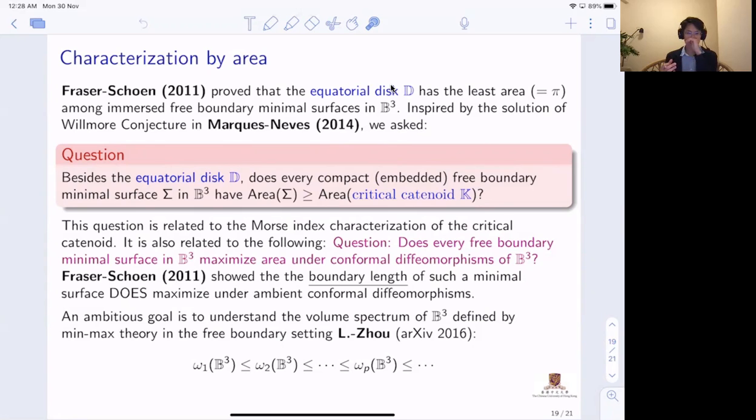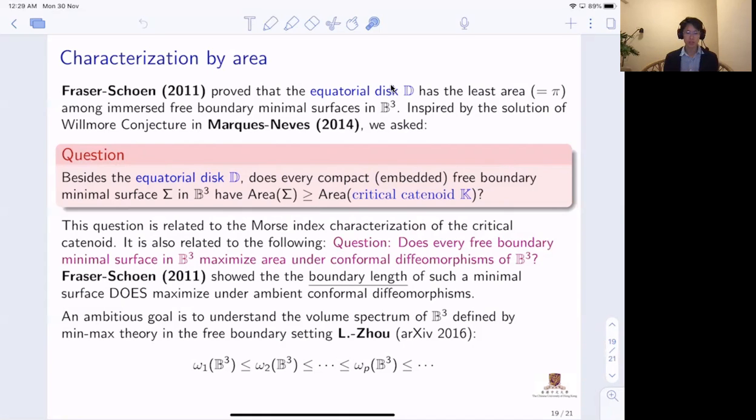But notice that this still is not enough to imply that the area is also maximized in the conformal orbit. Even though for a free boundary minimal surface there's a relation between the boundary length and the area, if it's not a minimal surface, there's no obvious relation between them. So Fraser-Schoen's result does not immediately imply the question above. Of course, this may be related.